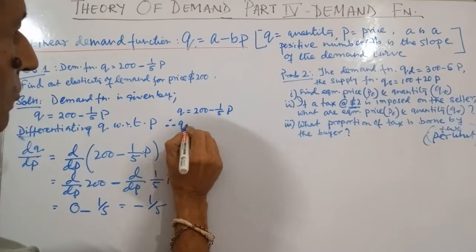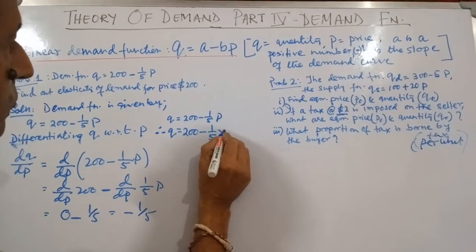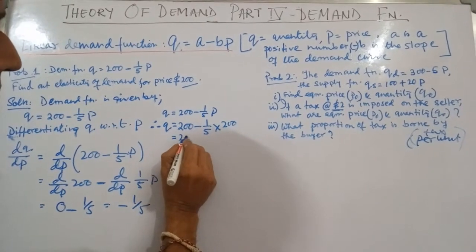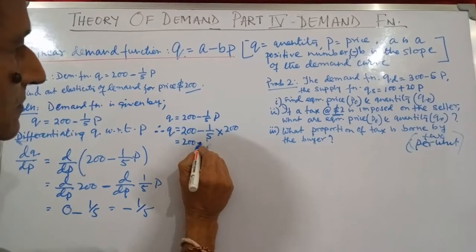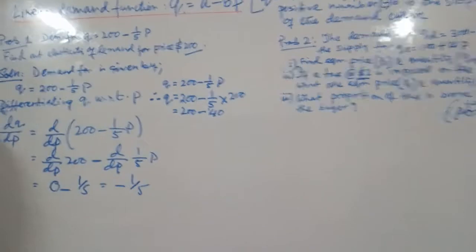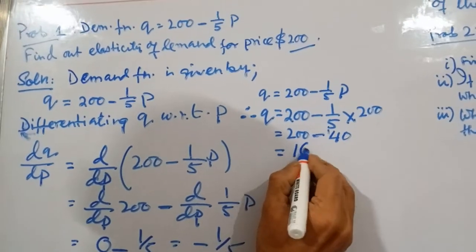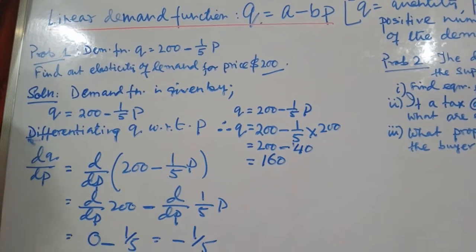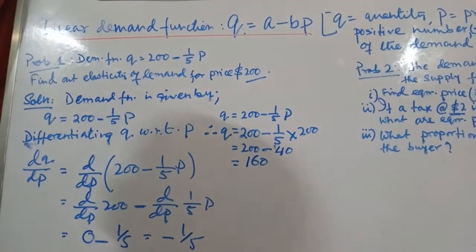Therefore, Q equals 200 minus 1 by 5 into 200, equals 200 minus 40, that comes to 160. So P is 200 and Q is 160.